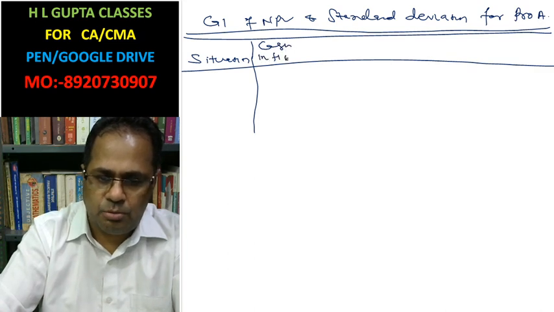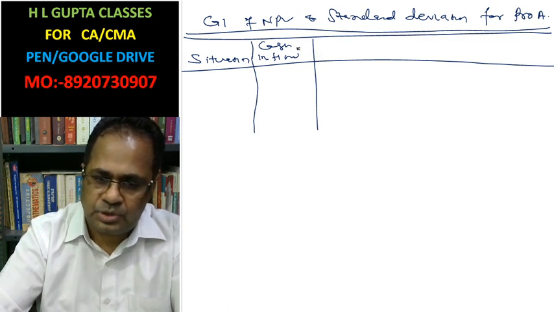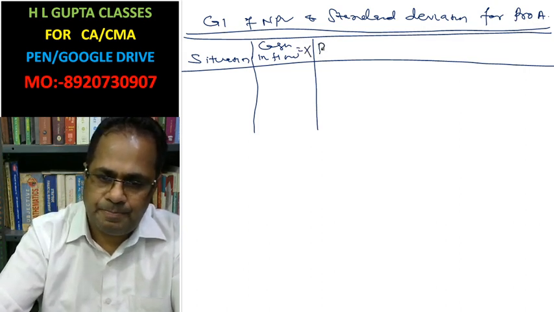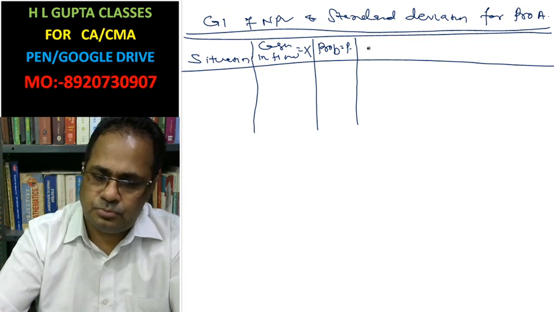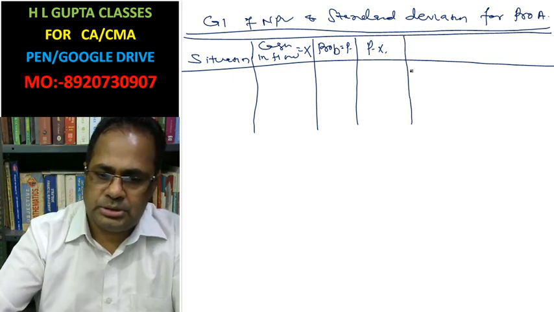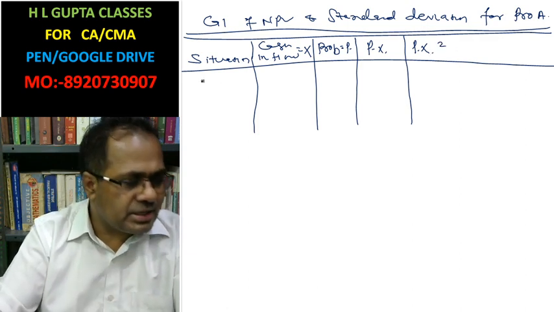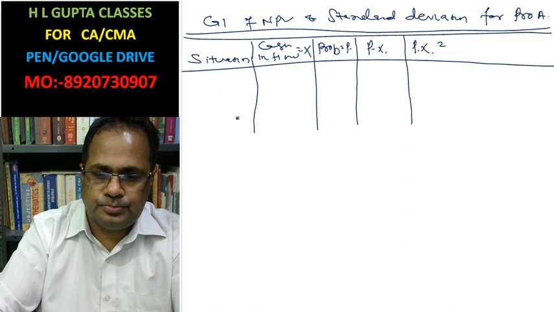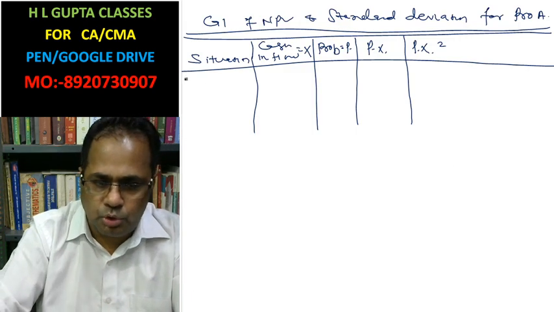Cash inflow is assumed to be X. Probability is P_i. Then you calculate P_iX_i and P_iX_i squared. In this case, there are three situations: good, normal, worse.